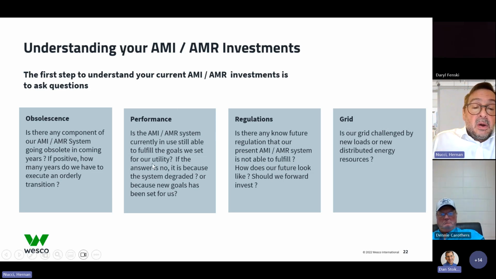But if the answer is no, there's a second question: is it not fulfilling the original goals because we have new goals or because the system degraded? And this is important because we are seeing systems that degraded because probably the city grew a lot, you have more meters, and no one put some energy on doing a new propagation study.